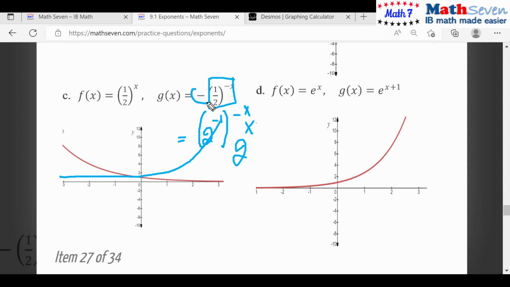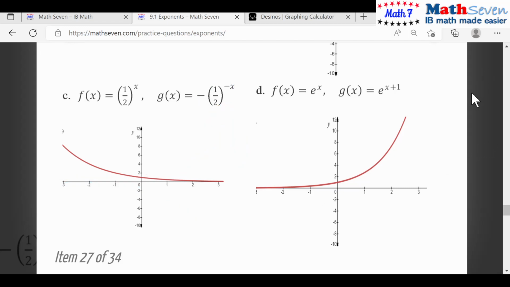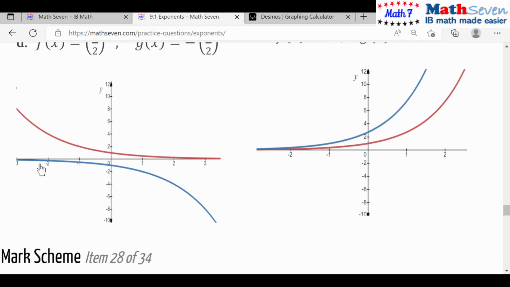But because we have a minus here, it reflects about the x-axis, so it goes down like this. Let's look at the mark scheme so that you can compare it. That's the mark scheme. See, it goes down like this.